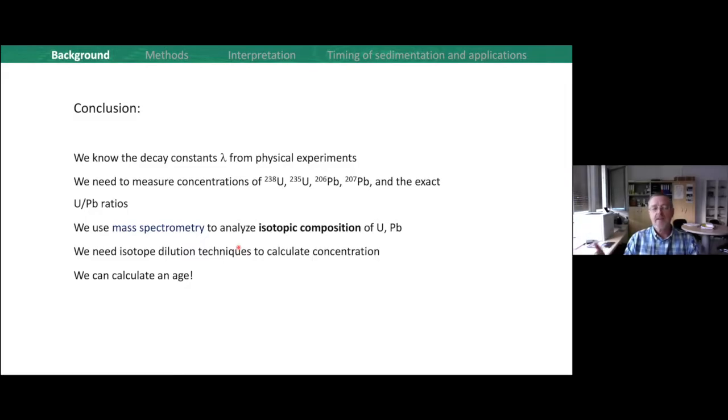So we add a tracer solution, artificial tracer solution from outside, for which we know exactly the uranium-lead ratio and the concentration. Then we also can calculate concentrations. And when we have all this, we can calculate an age. Sounds very simple. But so we can do all these analyses and we calculate an age.